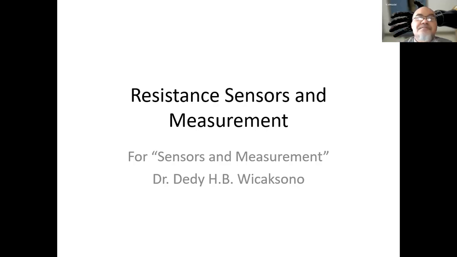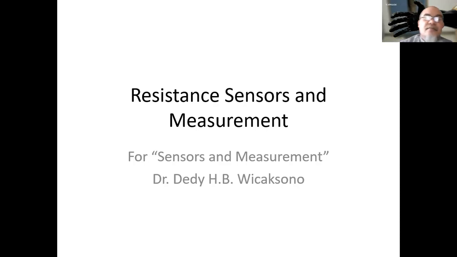So it means that usually when we use a resistance-based sensor, we need a secondary transducer, for example a voltage divider, or it could also be a Wheatstone bridge, as what we learned yesterday.